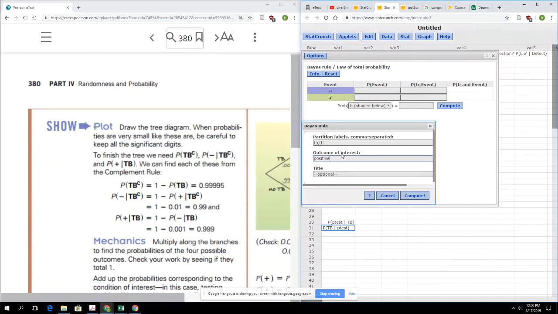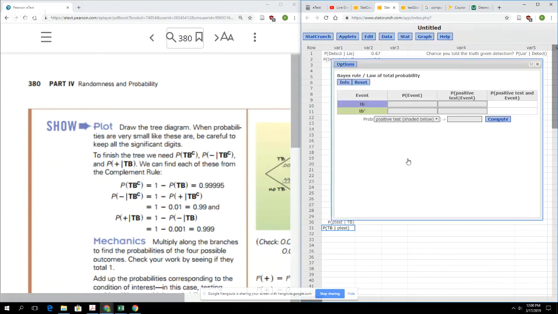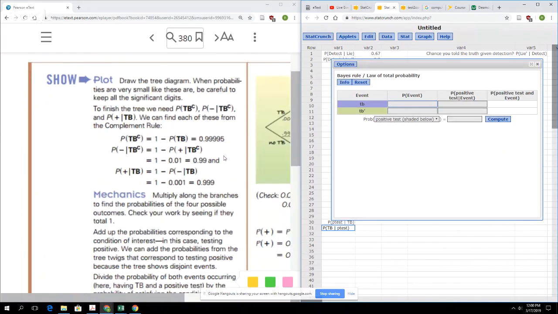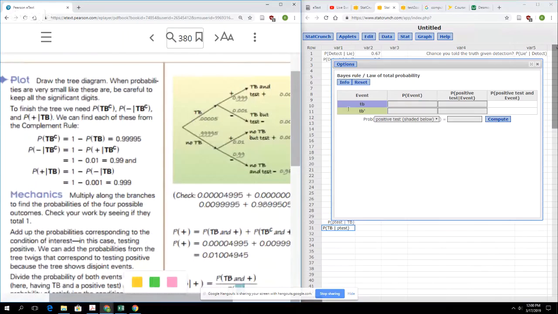I could write positive test here, and it would be fine with that. Okay, so now my events make a little more sense. So we just need the chance that you have TB and the chance that you don't have TB. Okay, so up top, I'm going to write 0.00005. On the bottom, I'm going to write 0.99995. Just copying from the problem there.